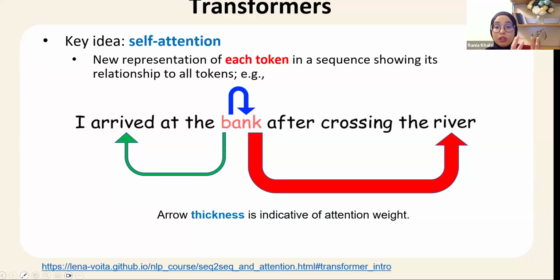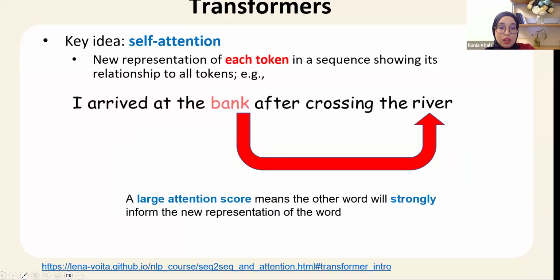This helps the model interpret ambiguous words by connecting them to the most relevant ones. Again, focusing on bank and river here. A large attention score, like I mentioned, indicates that the other word will strongly influence the new representation of the current token.